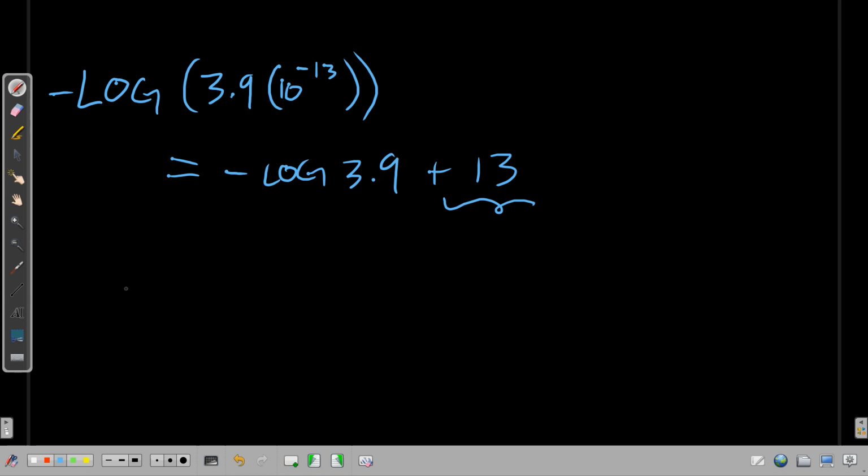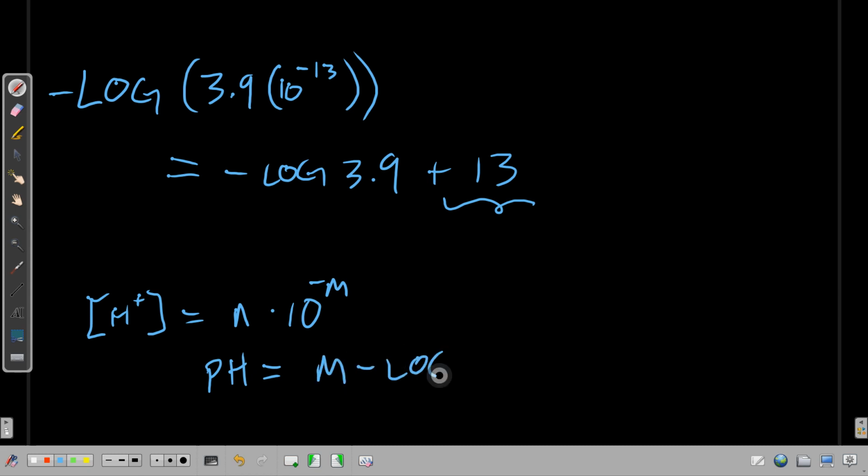If I had a substance whose hydrogen ion concentration was N times 10 to the minus M, then the pH of that substance would be equal to M minus log N. It's all the same.